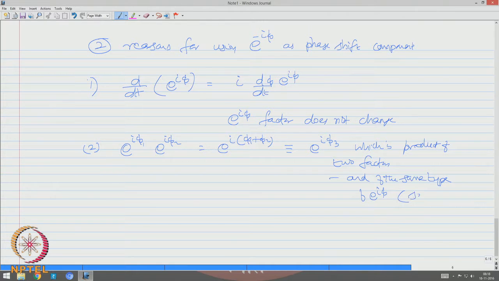It is of the same nature. So, the products also do not change the nature of the phase.